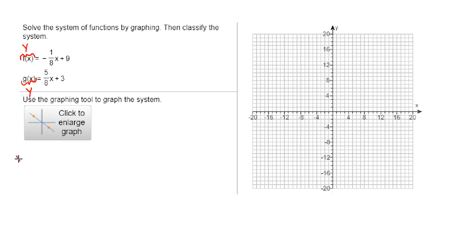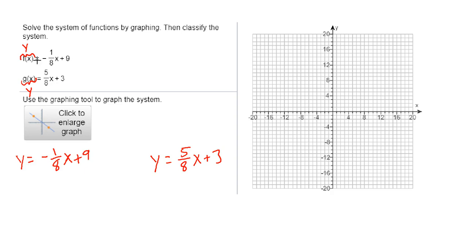So we have y is equal to negative 1/8 x plus 9. And we have y equals 5/8 x plus 3. So if you don't like the function notation, just switch them out for the y variable again. And I really recommend doing that for this problem because the function notation in no way makes this problem any easier. So we'll just use y variable instead.